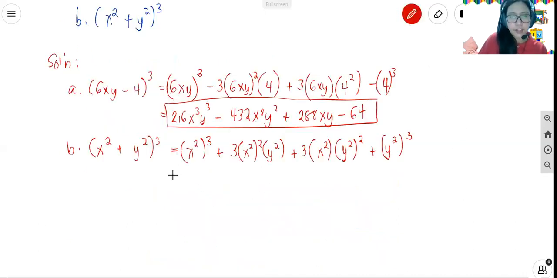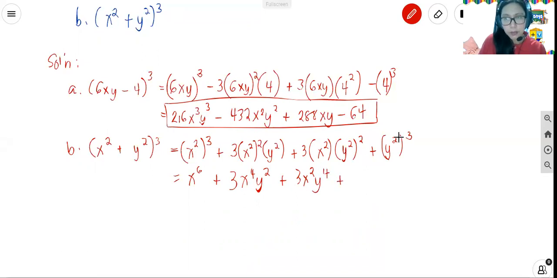Simplifying this further, we have x to the 6, plus 3. There's no numerical coefficient here, so we just copy 3 and then make sure that the exponents are correct. So x to the 4th y squared plus 3 x squared y to the 4th plus y to the 6th.